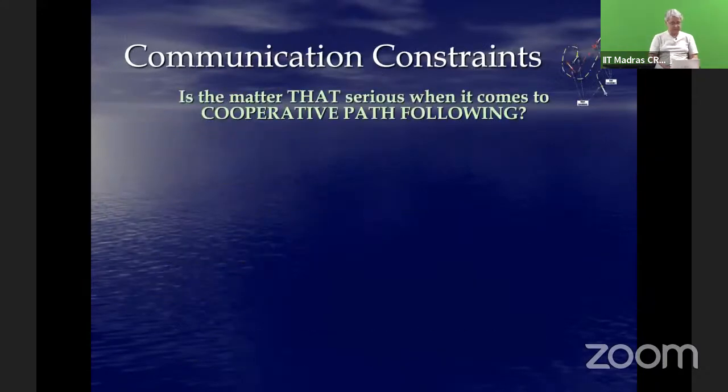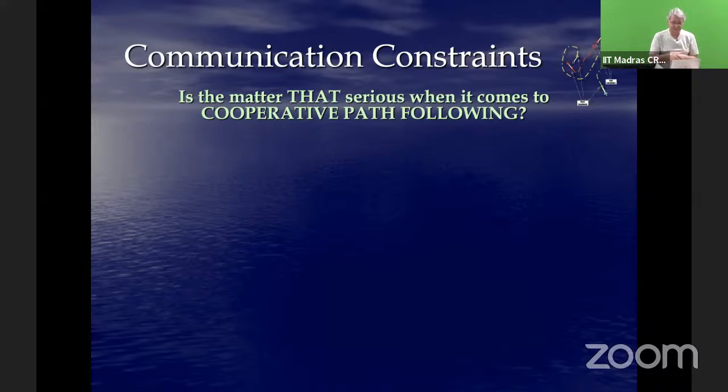Okay, now comes the big issue. Communication constraints. Do I need to communicate at all times? When we first started working on this, it became apparent to us, wrongly, that probably you need to communicate a lot.